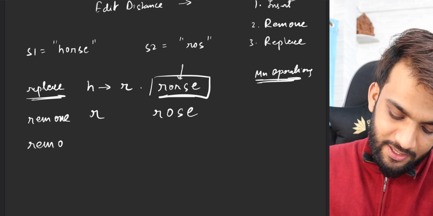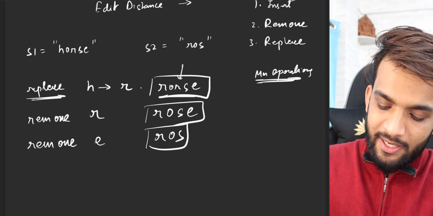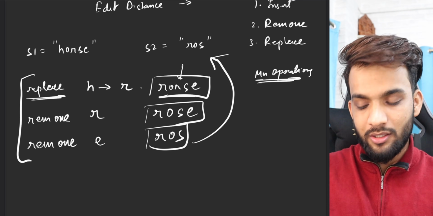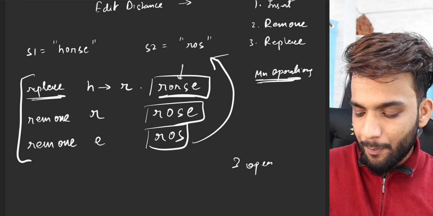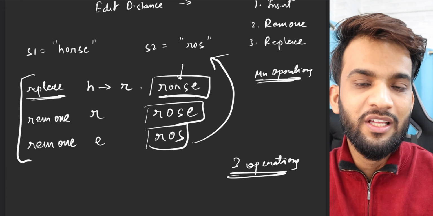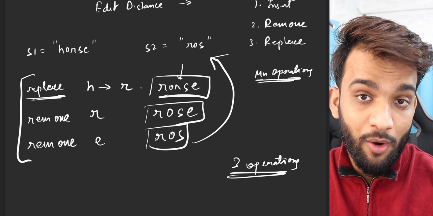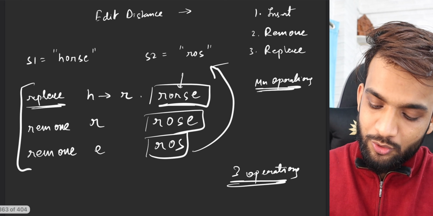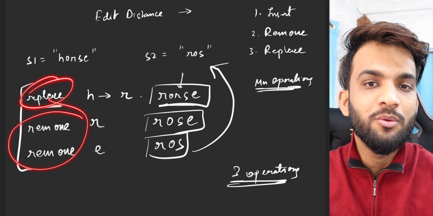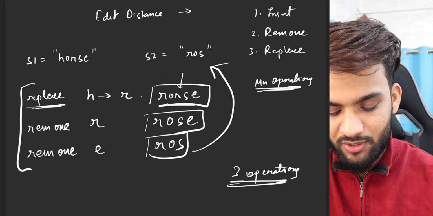Next operation, remove E, which makes it ROS. And this is nothing but the string s2. How many operations did I need? I needed 3 operations. You can try out all other ways and you will not find any combination with fewer operations. So 3 operations required. Did we use insert? No, we were done with one replace and 2 removal operations.